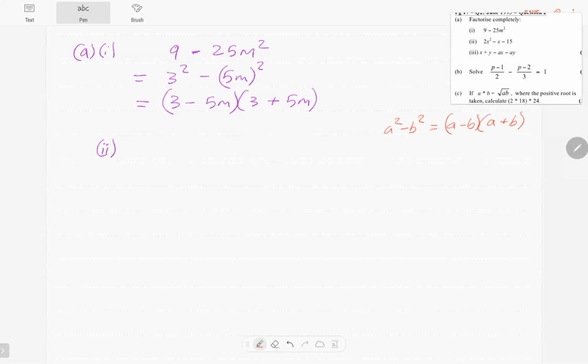That's one of the types of factorization that you must know, the difference of two perfect squares. The 9 is the same as 3 squared, and the 25m squared is the same as 5m all squared. So a is 3, and b is 5m.